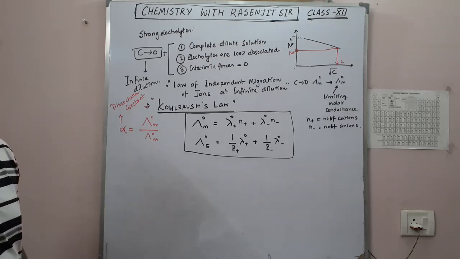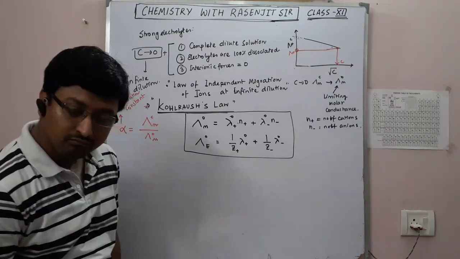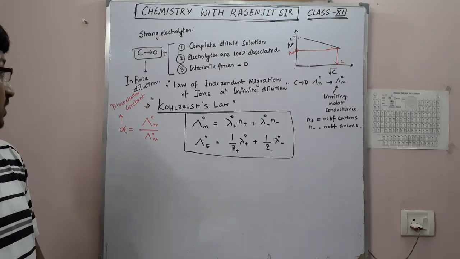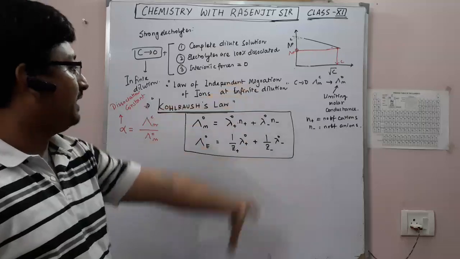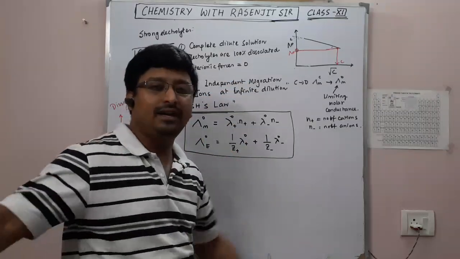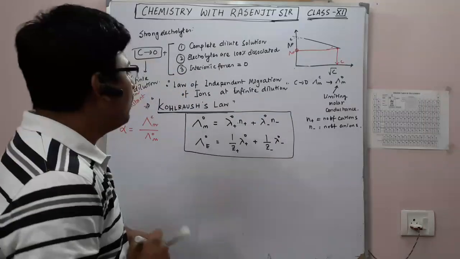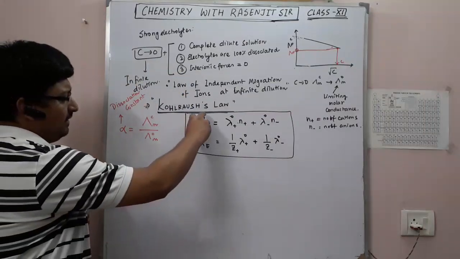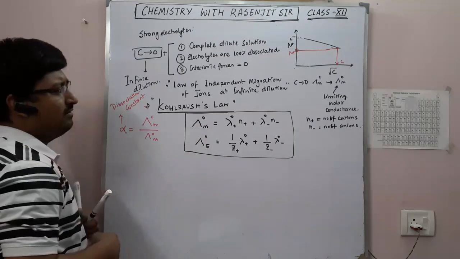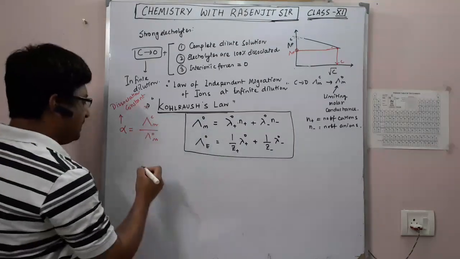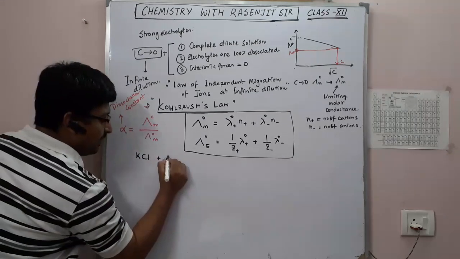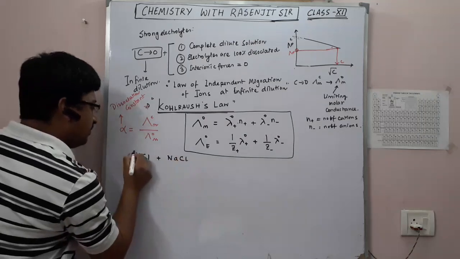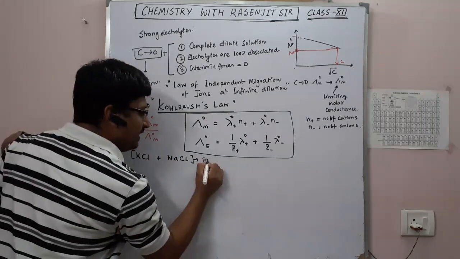Now when I'm saying the law of independent migration of ions, I'm assuming that ions are migrating independently. So can I do one thing here at a very low lambda m value? Let's say I take two solutions, a KCl solution and a NaCl solution, and both solutions are at infinite dilution.